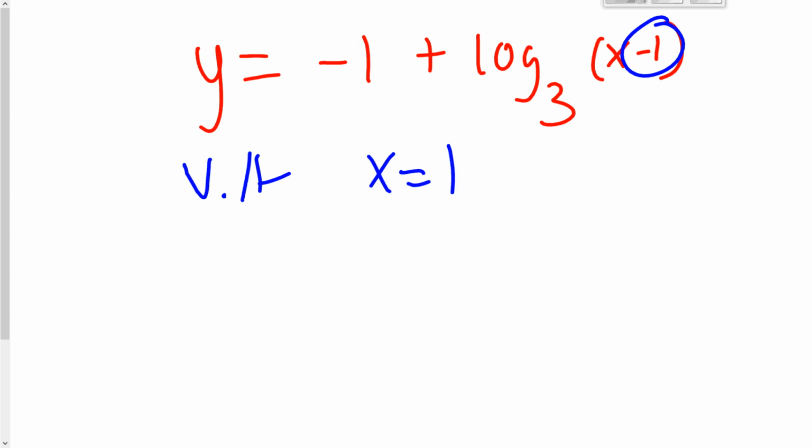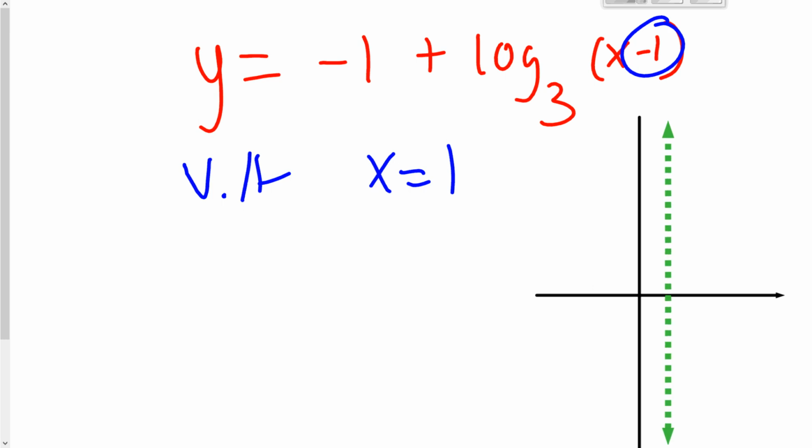So x equals 1. You can graph that, positive 1, say right there. Okay, and then what we can do is switch this to an exponential, and then just plug in numbers for y. So instead of picking numbers for x, we'd pick numbers for y and solve that.